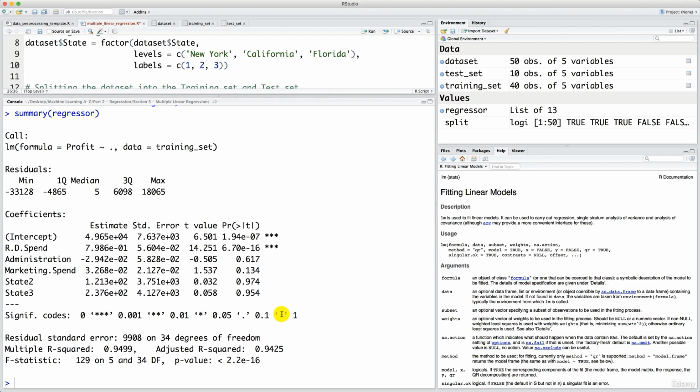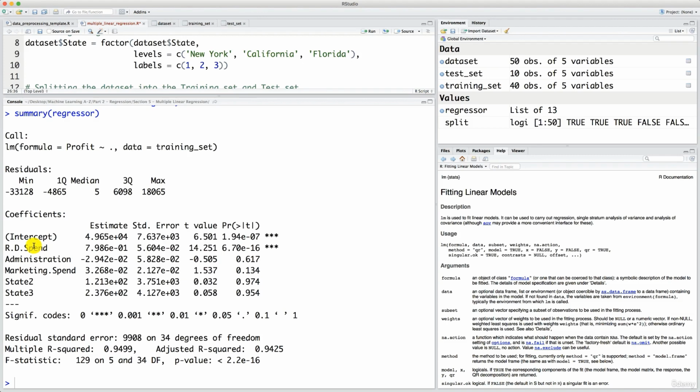So that's very interesting because when we look at our independent variables here, we notice that only one variable has a high statistical significance onto the dependent variable. It's the R&D spend. So it looks like the profit is mainly governed by the R&D spend. That means that it's the R&D spend that has the only strong effect on the profit.